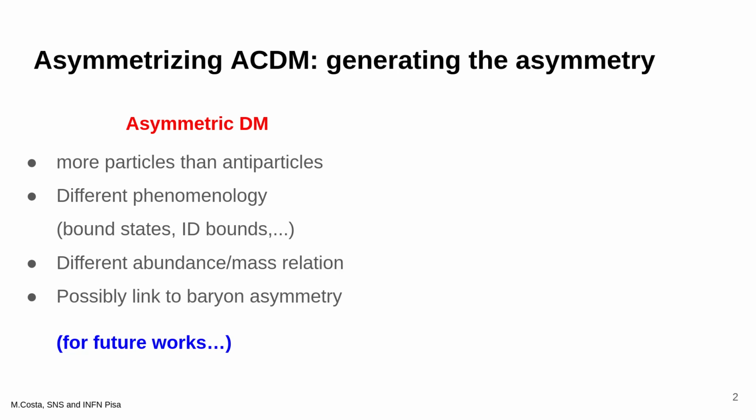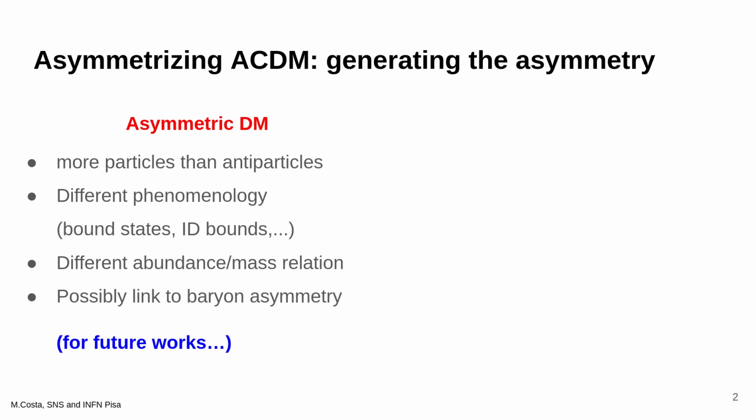Also, in the asymmetric scenario, there is a different relation between the abundance and the mass of the dark matter candidate. And possibly, in asymmetric dark matter models, there is the possibility to link the visible asymmetry to the dark sector asymmetry. This last point has not been explored, but it's something that we wish to work on in the future.